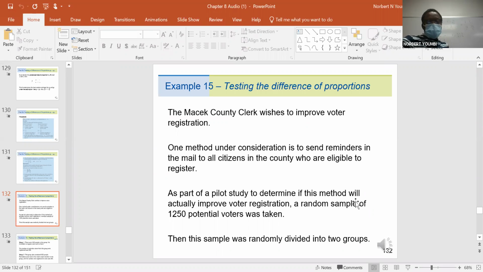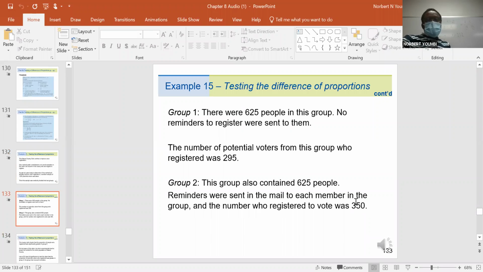Then this sample was randomly divided into two groups. In the first group, there were 625 people. No reminders to register were sent to them. The number of potential voters from this group who registered was 295.